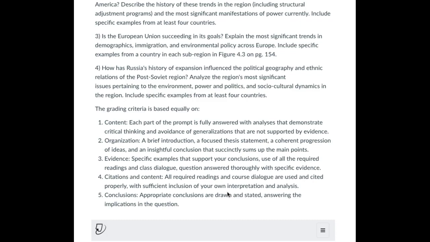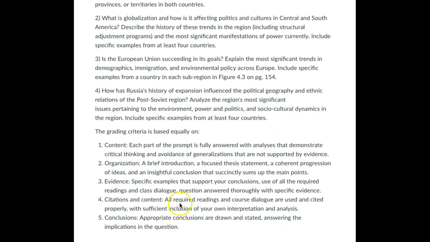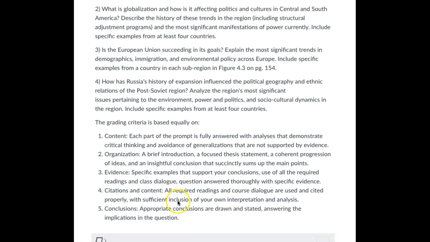And lastly, the conclusions. Throughout the paper, conclusions that you make, whether it be in your analysis, not just the final conclusion of the paper, are drawn and stated, and you are answering the implications in the question, meaning the essay prompt.